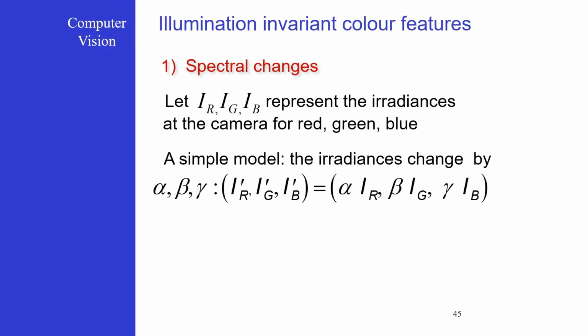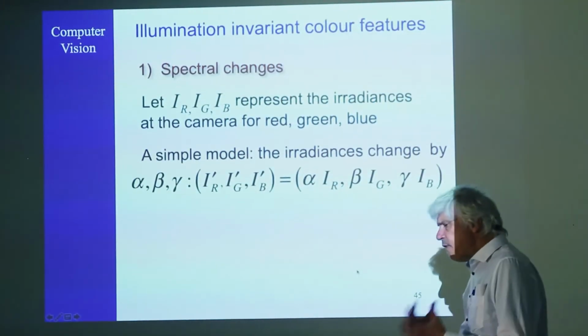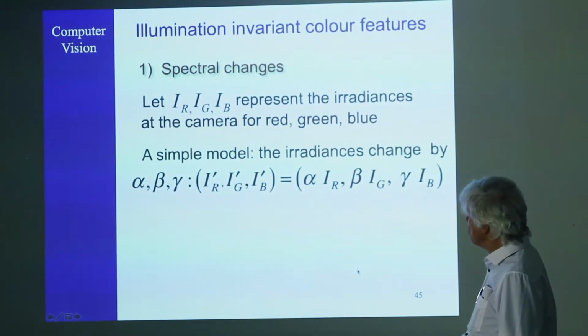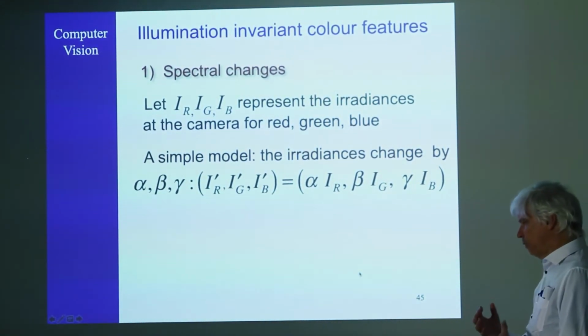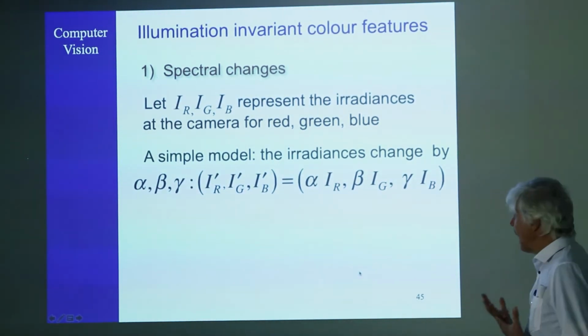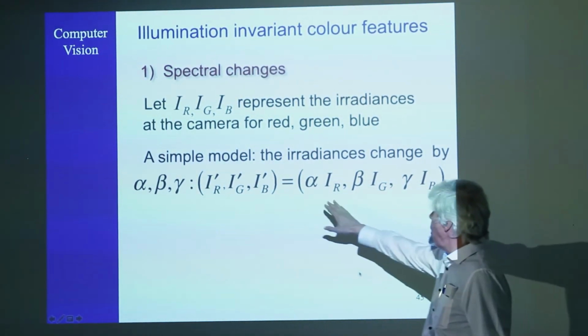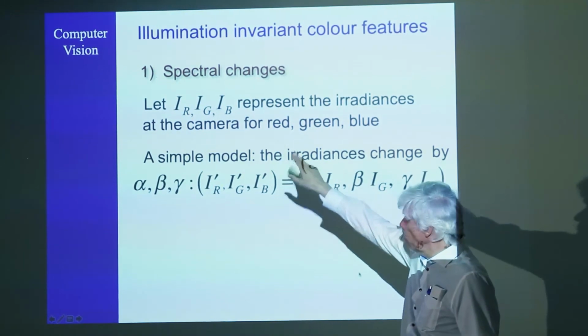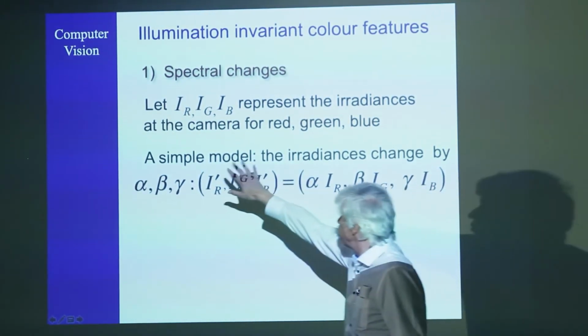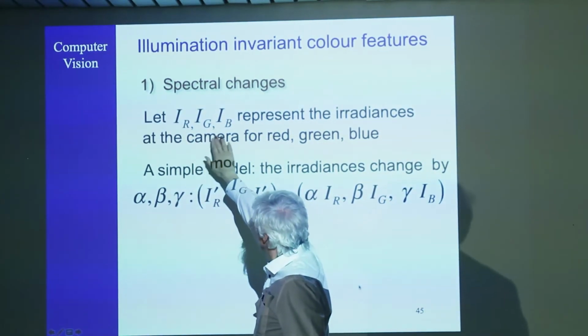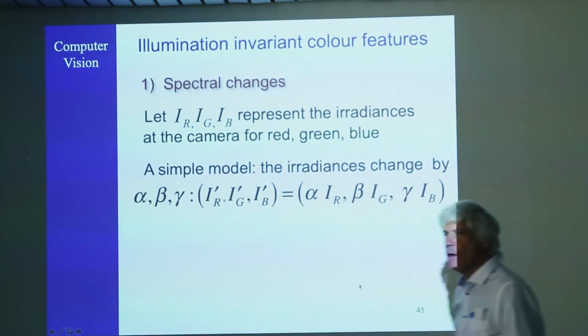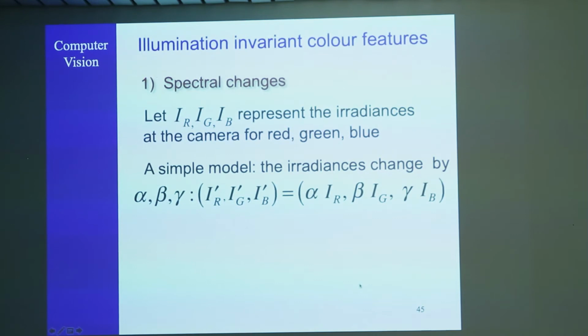Now mathematically, it's a bit of a simplified model maybe, but we can say that if you have changed the spectral composition of the light source, then what we get back in the camera is different compared to the original. Under the yellowish light, we got IR, IG, IB for the 3 colors in the color camera.